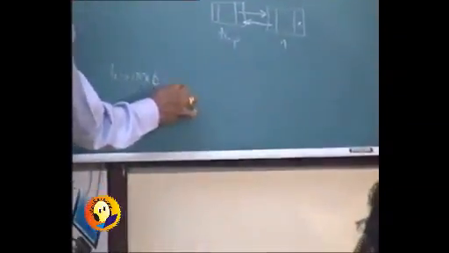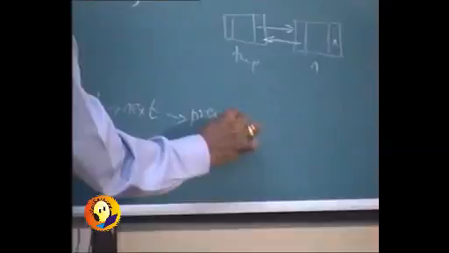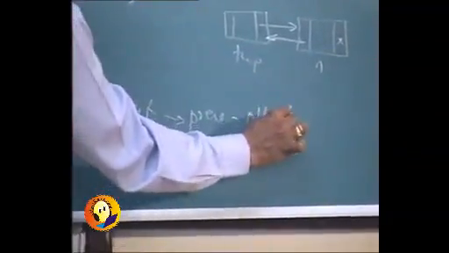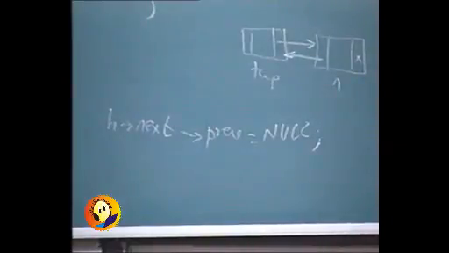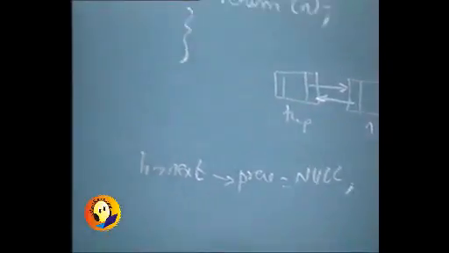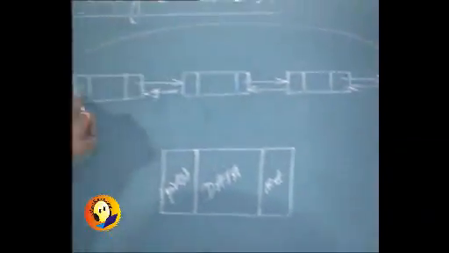So h arrow next arrow previous equal to null is one more statement that you will have to add after the loop, so that the first node's previous will point to null. And finally the header's previous should point to the last node.